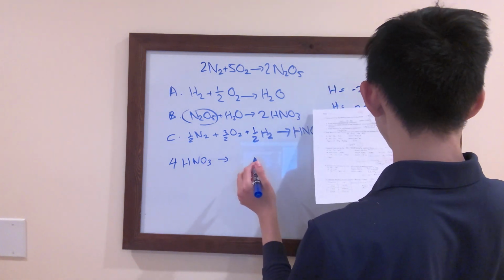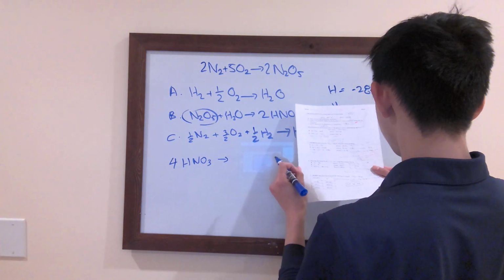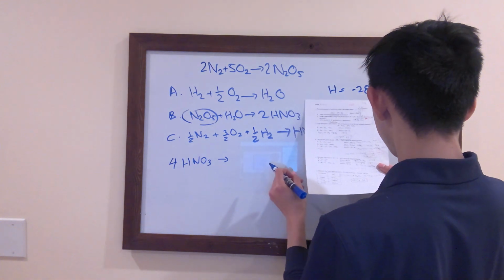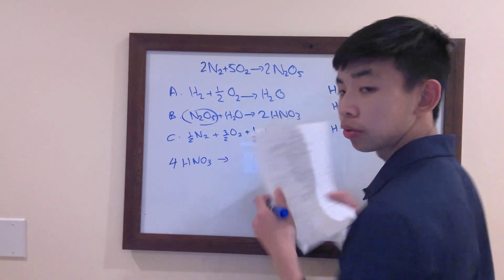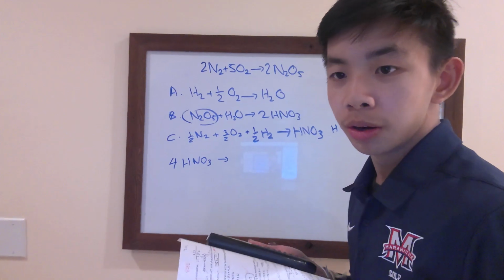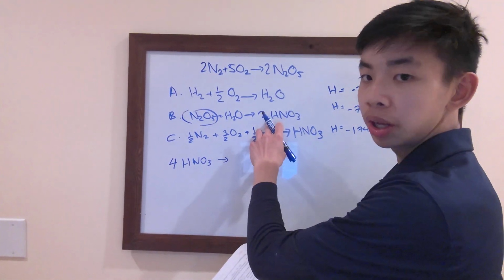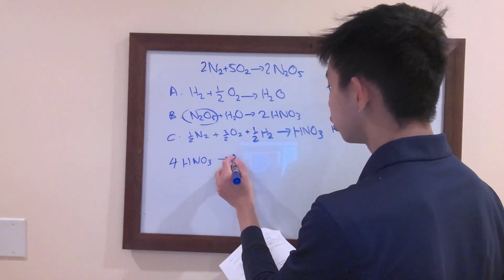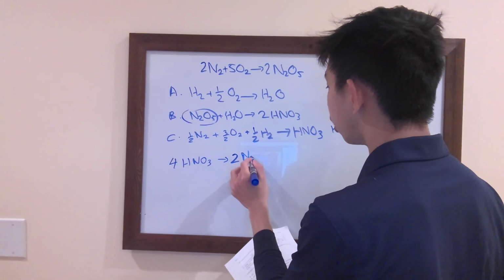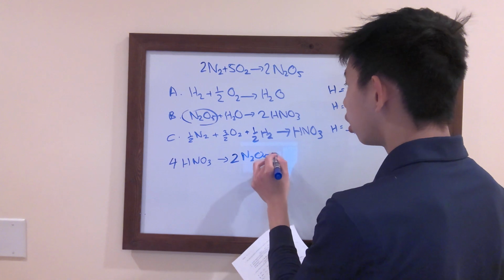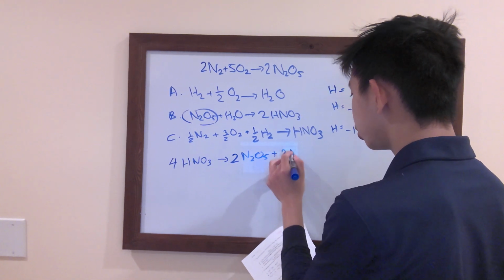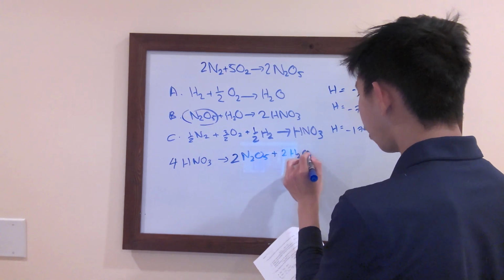I'll do this wrong. 1 second. Okay, I'm back with the calculator. So we have 4HNO3, right? Because you flip it and then multiply by 2. And it's going to give us 2N2O5 plus 2H2O, right?